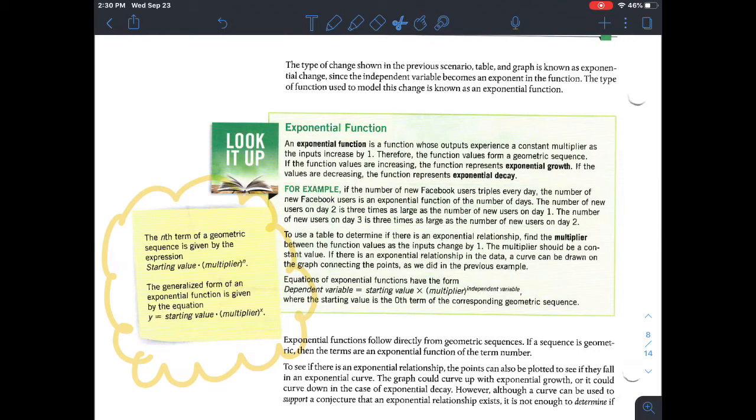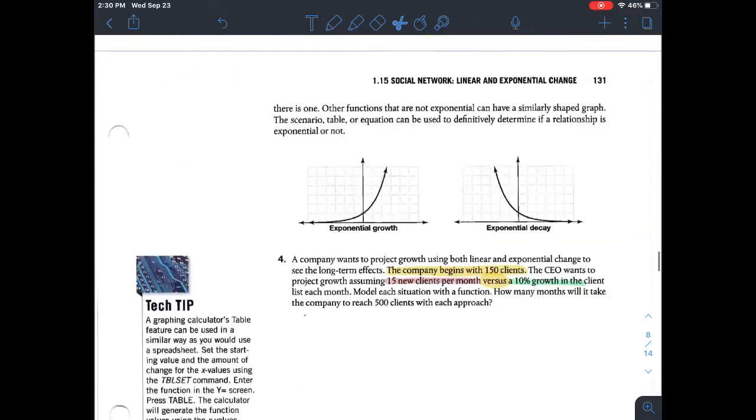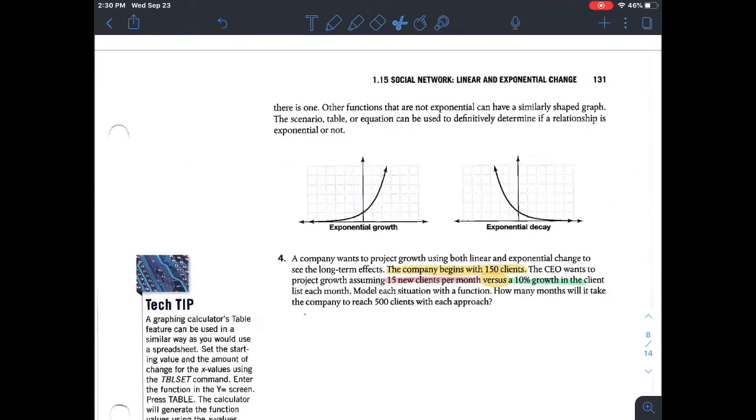Little bit different in this case. This formula is a lot easier in my opinion. So we have exponential growth and exponential decay. Notice that exponential growth starts out slow and then increases quickly. Exponential decay decreases quickly and then kind of evens off towards the end.